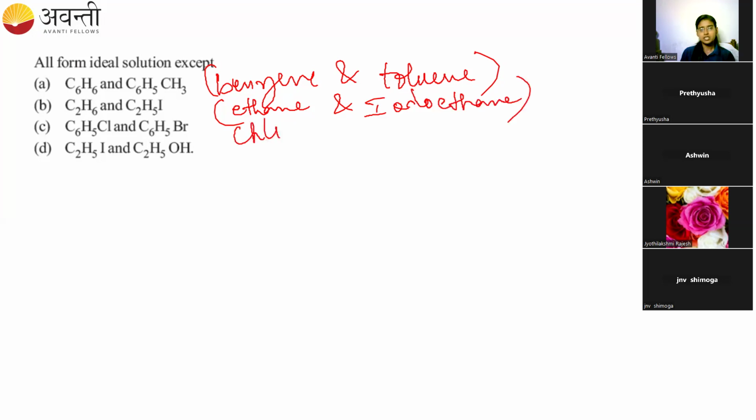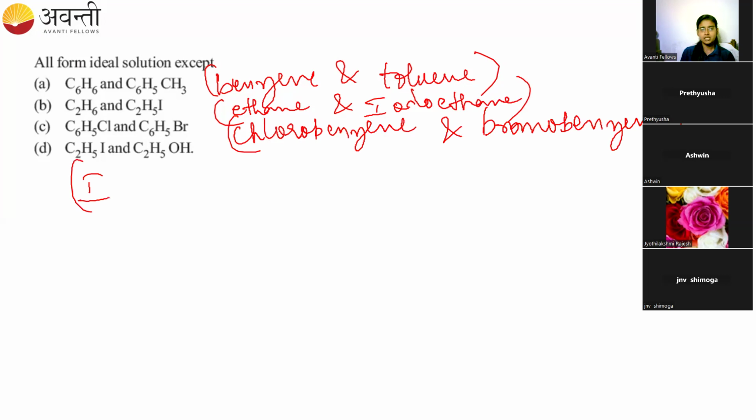C6H5Cl is chlorobenzene. And C6H5Br is bromobenzene. C6H5I is iodobenzene. And C2H5OH is called ethanol.